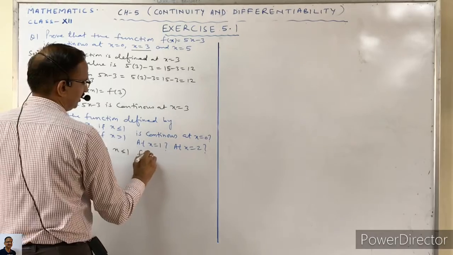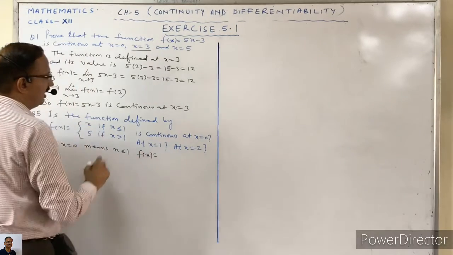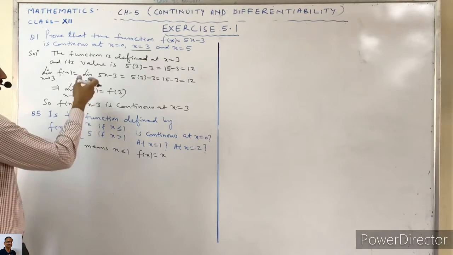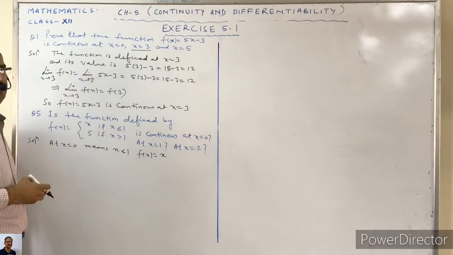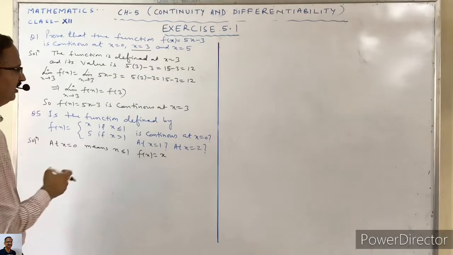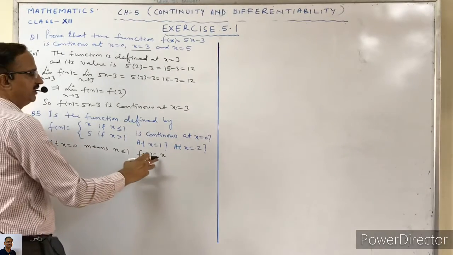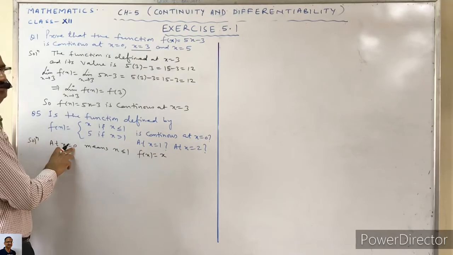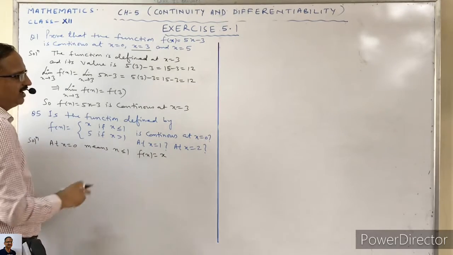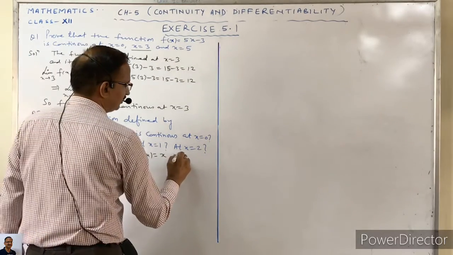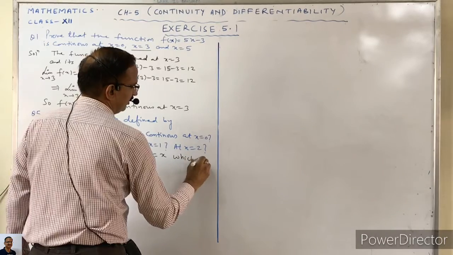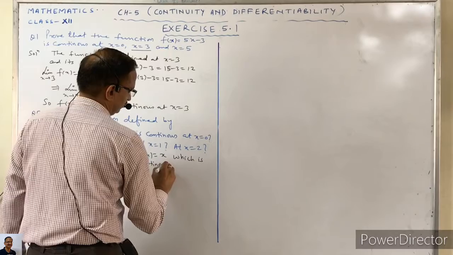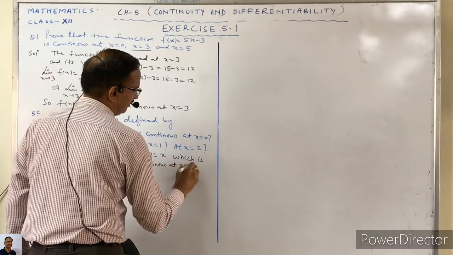It means the function is x. With this same method as we have applied in question number 1, we can easily prove that this function is continuous at x equal to 0. So directly I am writing, continuous at x equal to 0.